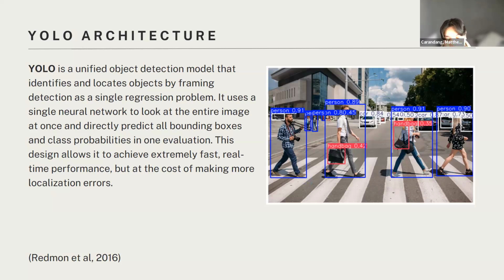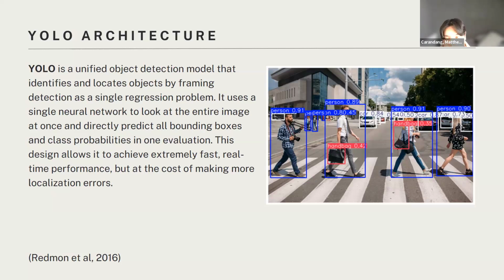YOLO stands for you only look once, and as the name perfectly describes, it does single passes to each image. The original 2016 paper by Redmond and colleagues was revolutionary. It frames object detection not as a complex pipeline, but as a single regression problem.